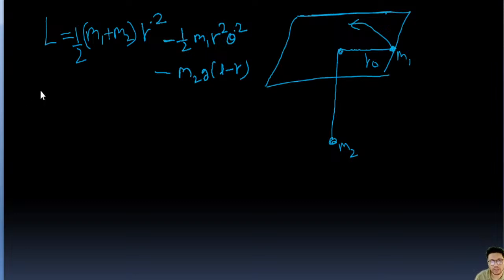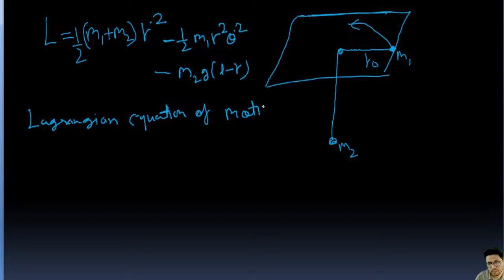So now we will write the Lagrangian equation of motion. d upon dt, Lagrangian equation we know, right? d upon dt del L upon del R dot minus del L upon del R equal to 0.